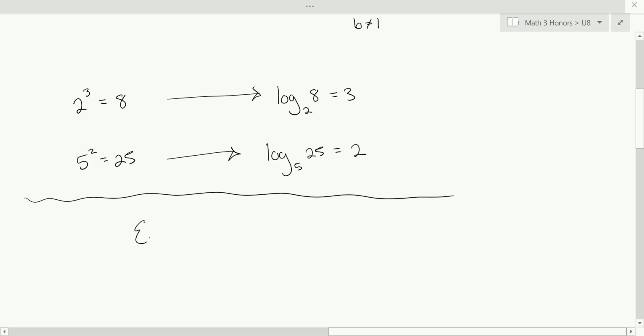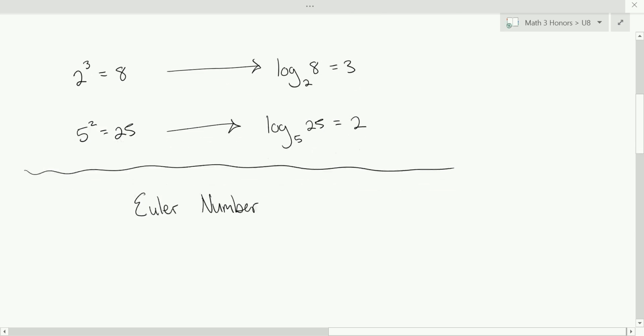So there's something called an Euler number, named after the mathematician Leonhard Euler. It's the number that he came up with, and we call it E. It has its own button on a scientific calculator, just like pi does.